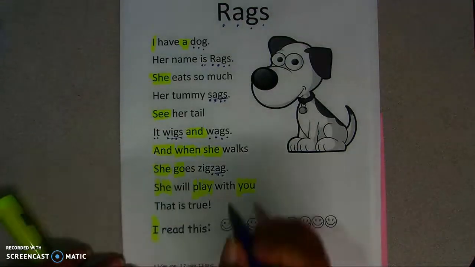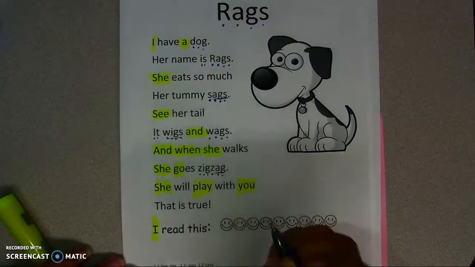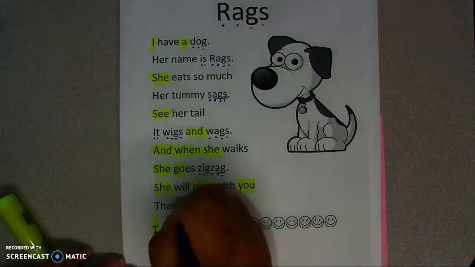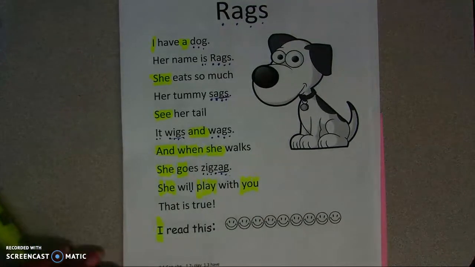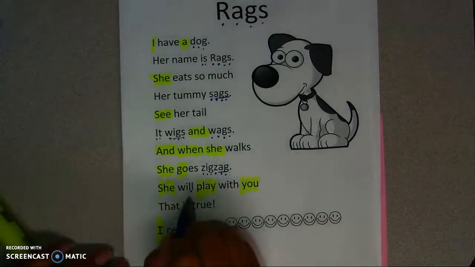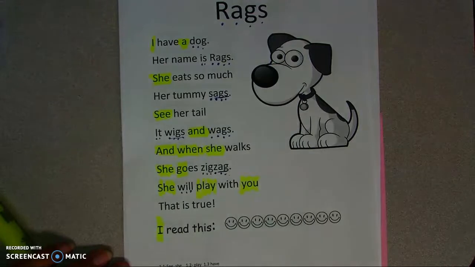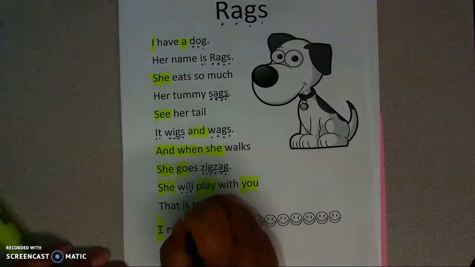And I see the first part of zig, zag. And then this one, I'm guessing that at LL, we don't go la, la, la, la. We just say oh. So I think I can blend this word. Oh, will. And then we did this one before.